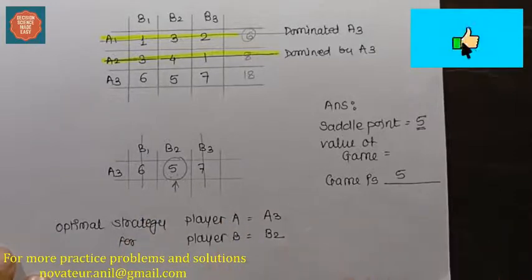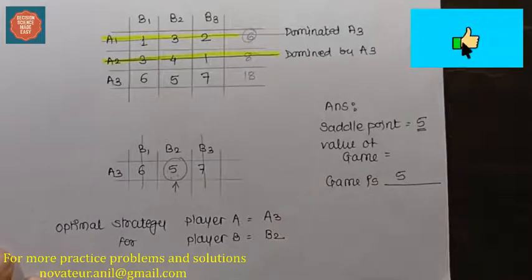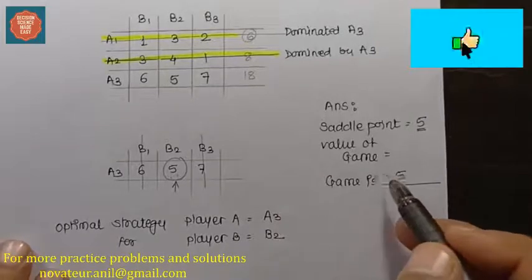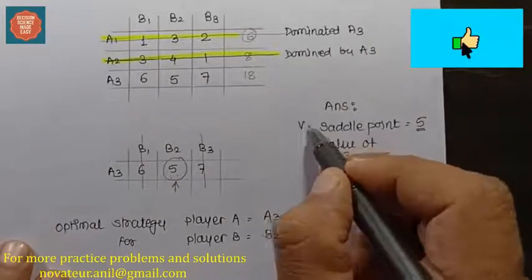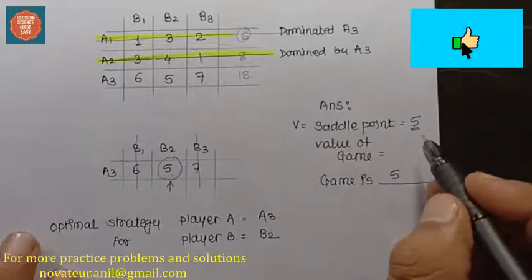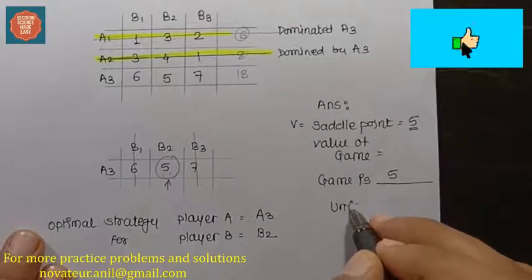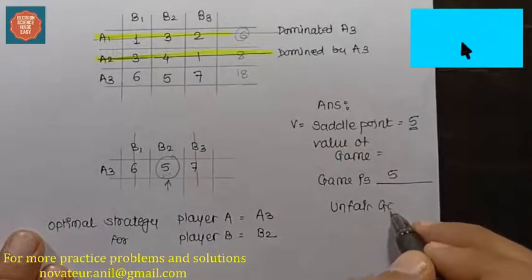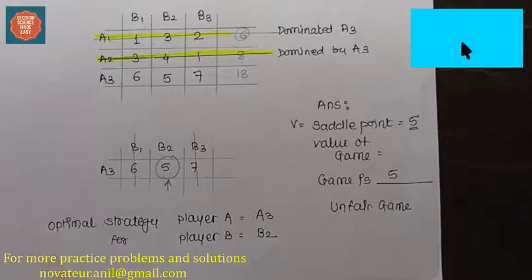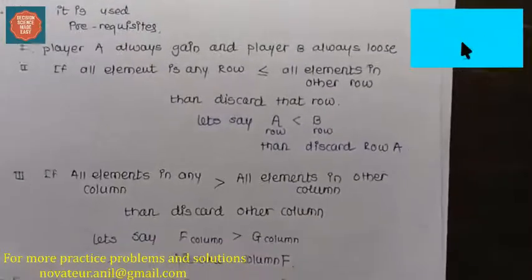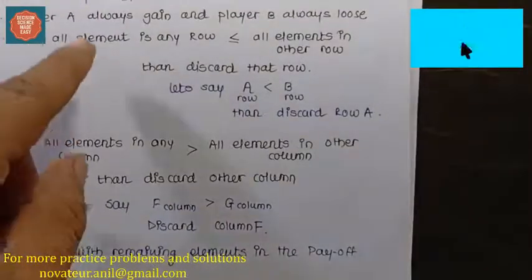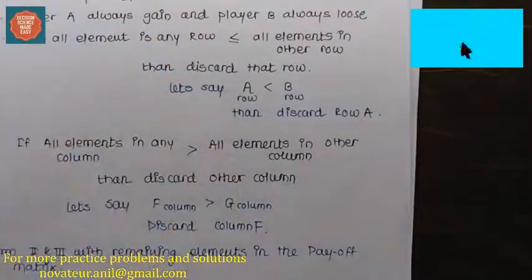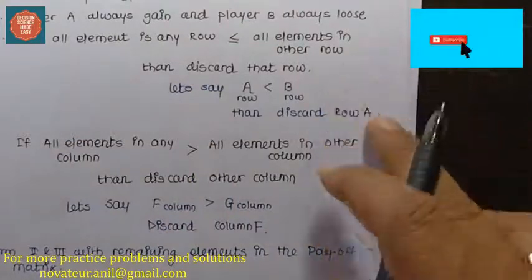And if I have to tell whether this is a fair game or unfair, since the V value, that is the saddle point value, is 5, which is not 0, we can say that it is an unfair game. So this is how we need to solve a game theory problem with the rule of dominance, wherein first we need to compare all the elements of a row with all the elements of any other row.